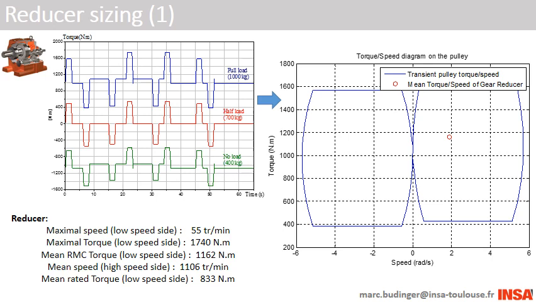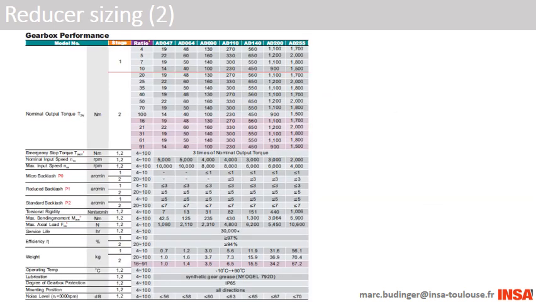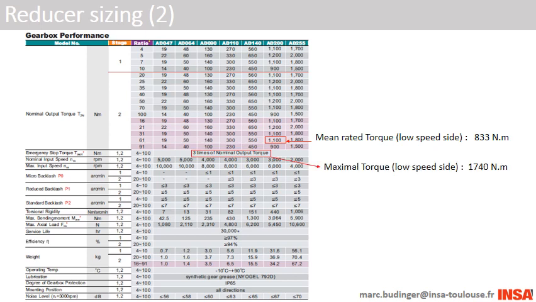However, it doesn't meet the 3000 RPM average speed declared in the catalog, which is why we recalculate a rated torque equal to 833 Nm, lower than the RMC torque, by taking into account the lower number of revolutions to execute over its lifetime. We are now able to choose a reducer slightly superior regarding the average torque. We'll verify that it's also able to ensure the maximum torque required in the specifications.